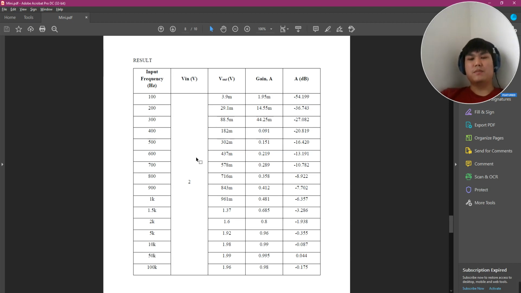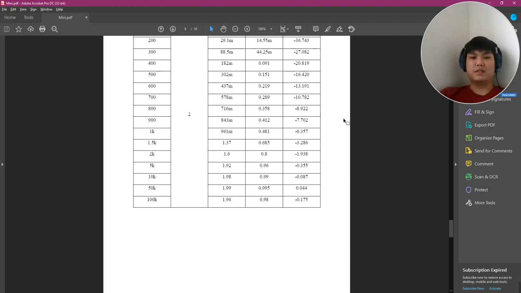From the simulation, the input voltage is the same throughout the experiment, while the output voltage changes with the frequency, and as you can see, it's increasing. The gain is V out over V in, and the decibel value is 20 log of the gain. This is the result I have obtained.